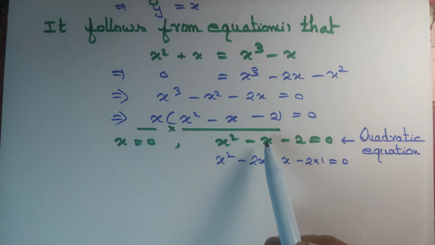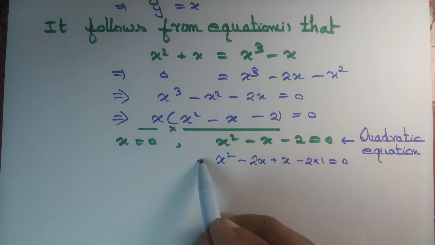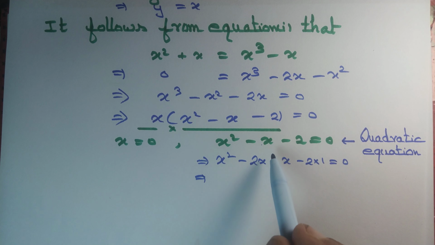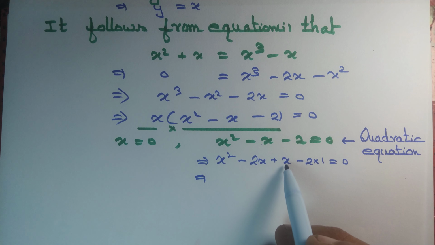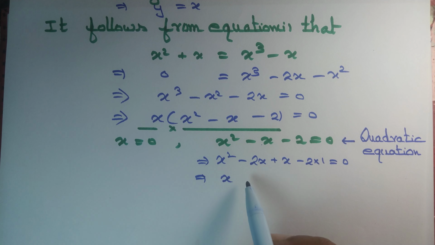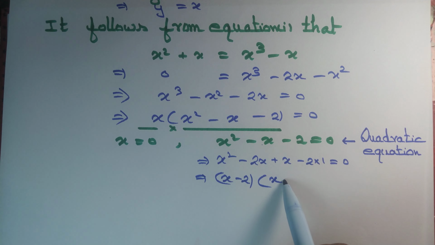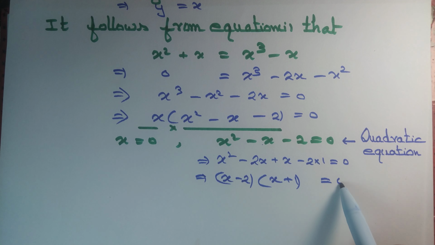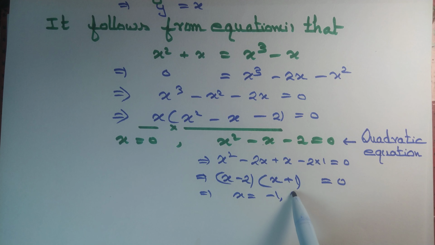So the middle term minus 1 is broken as minus 2 and 1. If I take x common, I will be left with x minus 2, and then I can take 1 common, so x minus 2 into x plus 1 equal to 0. From there we conclude that x equal to minus 1, 2.